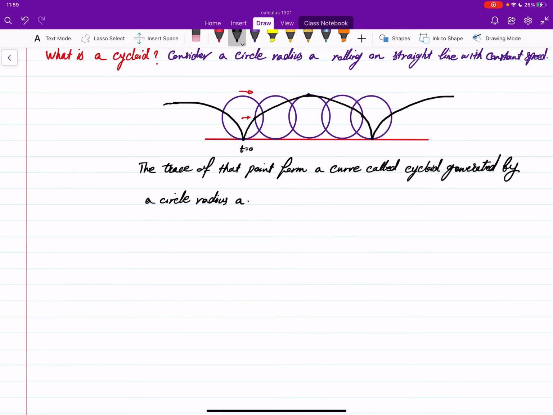Well, this is the first time we're seeing this curve. Now, the question is, we need a parametrization to be able to mathematically describe the cycloid.